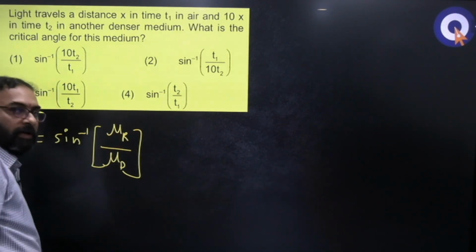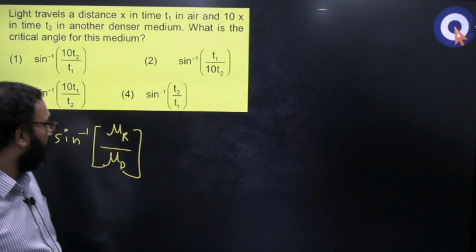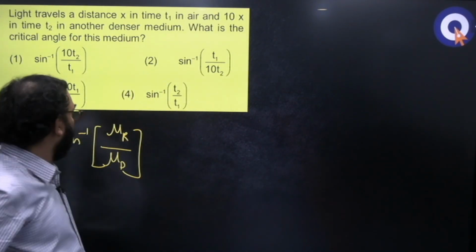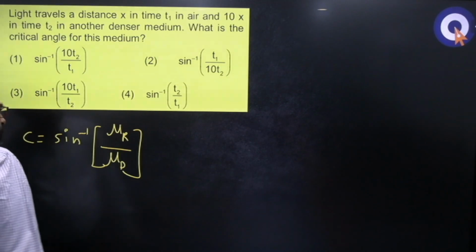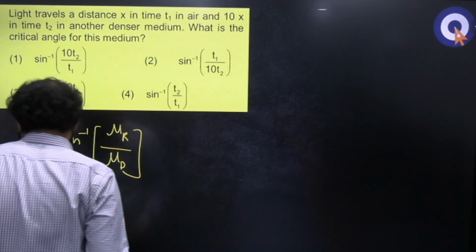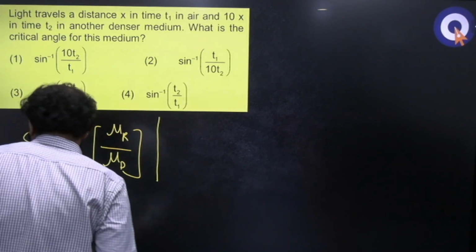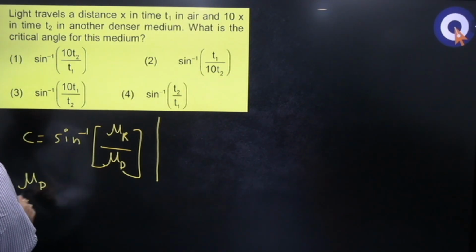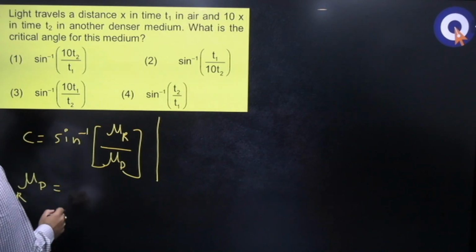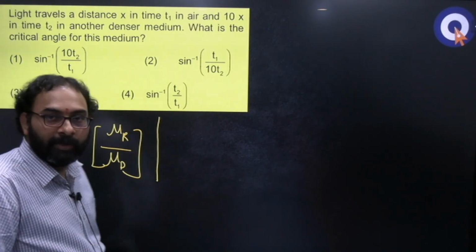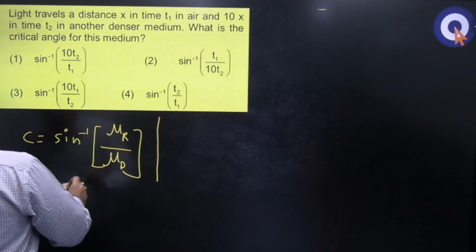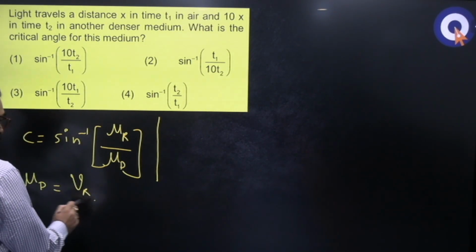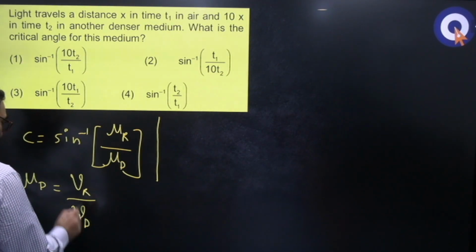Here for us, rarer medium is air, denser medium is some medium which is given. Now, the next formula which we can make use of is the refractive index of a denser medium with respect to rarer medium, which is sin i by sin r, which is the speed of light in rarer medium by speed of light in denser medium.